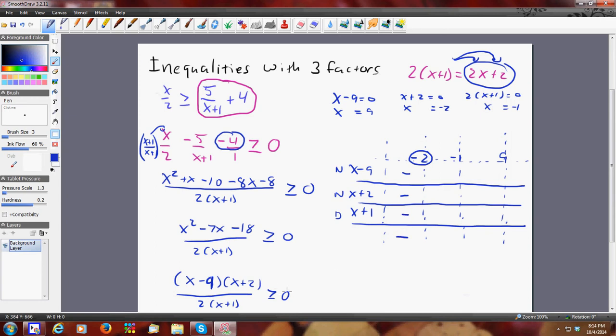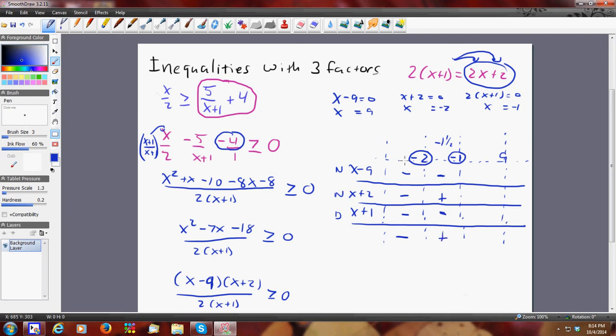So my value would be negative. If I pick a value between negative 2 and negative 1, let's say negative 1.5, this would be negative. This would be positive because negative 1.5 plus 2 is positive 1/2. And this would be negative, and so a negative times a positive is negative, but I'm going to divide by a negative, which will make that positive.